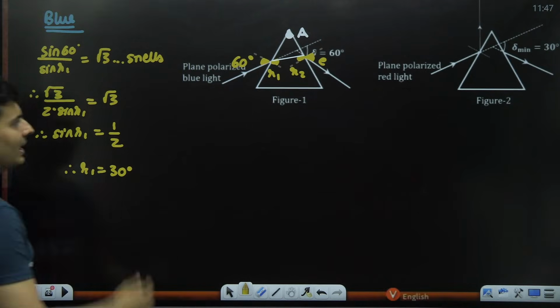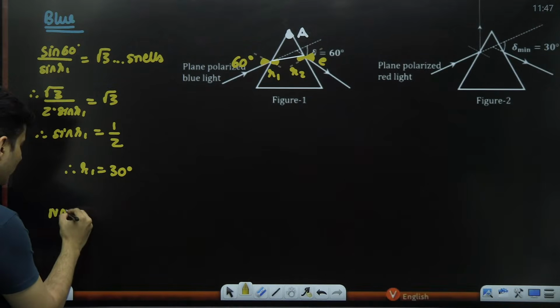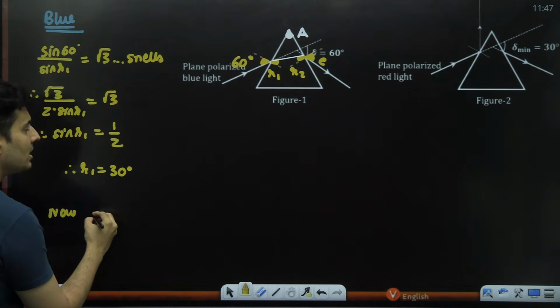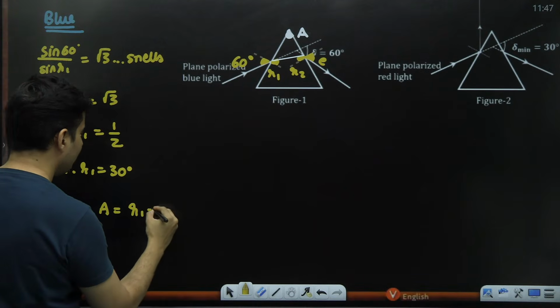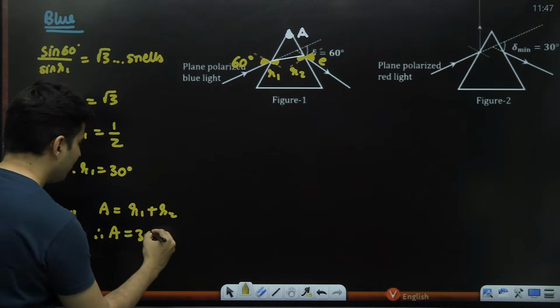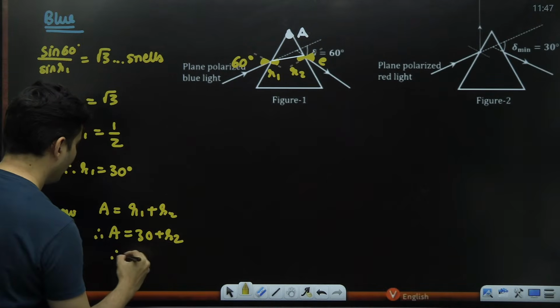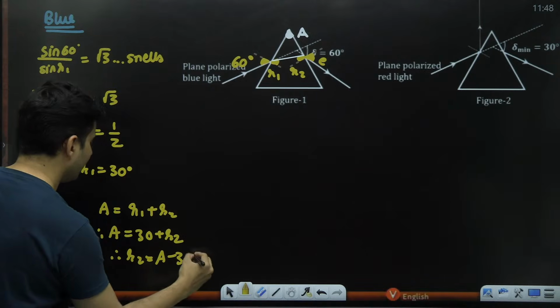Okay. If I get R1, I think I can get R2 also. Now we all know that angle of prism is nothing but R1 plus R2. So therefore, it is 30 plus R2. Therefore, R2 will be nothing but A minus 30 degrees.